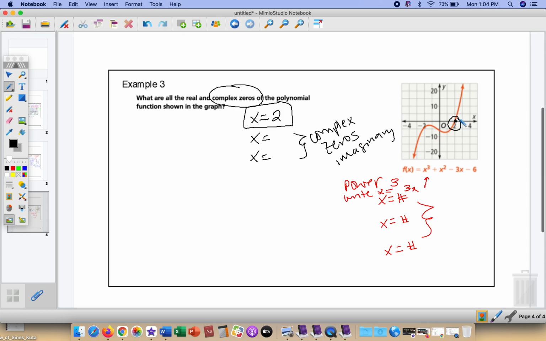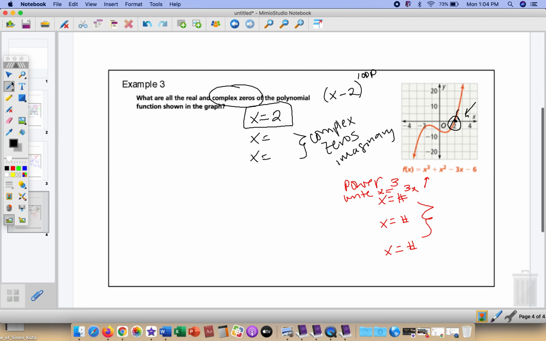We know that we have 2 complex because if it's degree 3 and it passes through here once, the power of the quantity x minus 2 has to be odd. So we know it happens one time based on this function being degree 3.